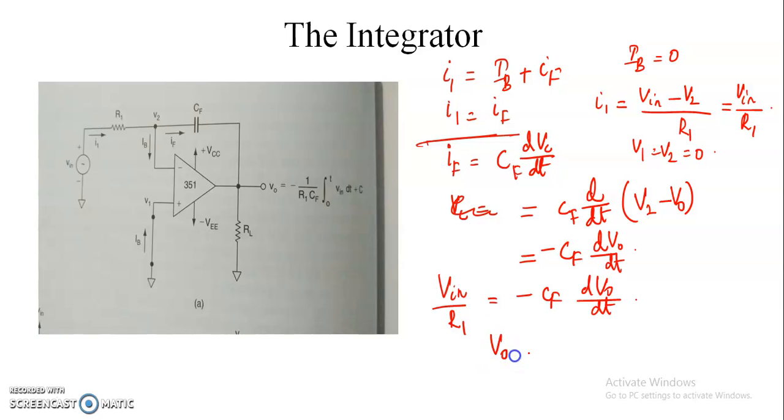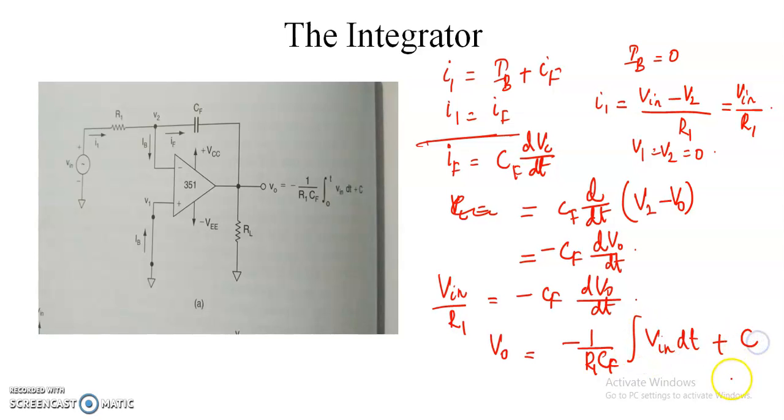So VO equal to minus 1 by R1 CF integral Vin dt plus a constant of integration C. So the output voltage VO equal to minus 1 by R1 CF integral Vin dt. This is the output of the circuit shown in the figure. So the output is the integral of the input voltage.